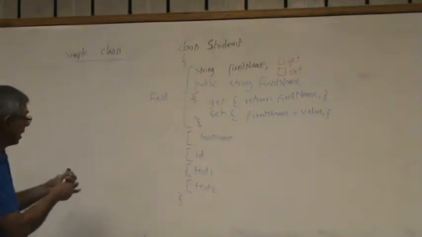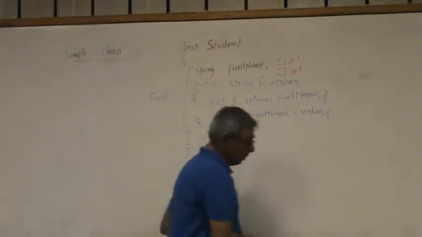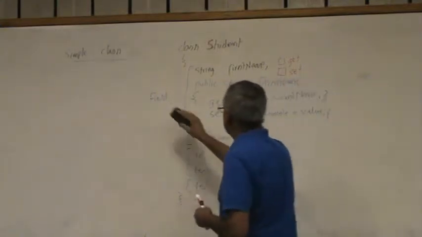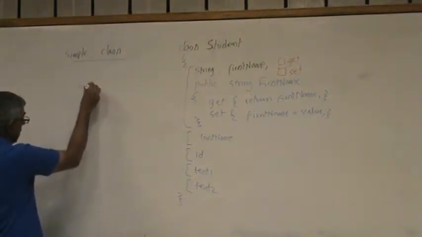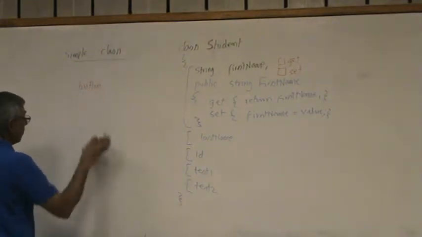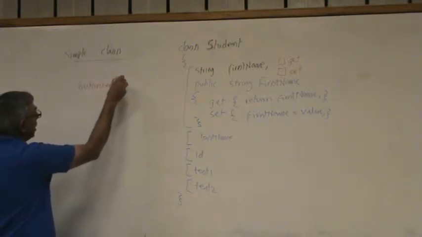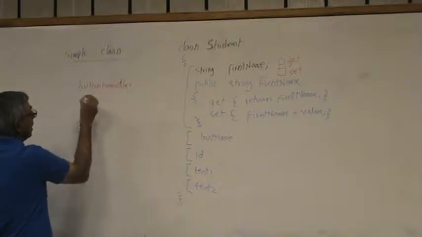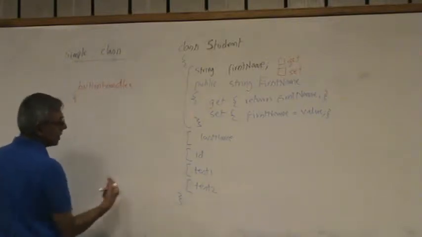One of the important things to understand is, as we run a program, what gets created in the memory. Remember last time we wrote a small program to test this code. We created a button handler, meaning if you click on it, it will call that function. In this button handler, we created one object of the Student class.